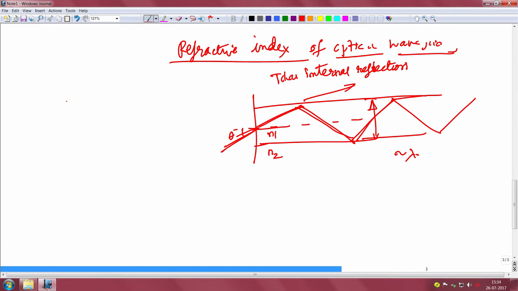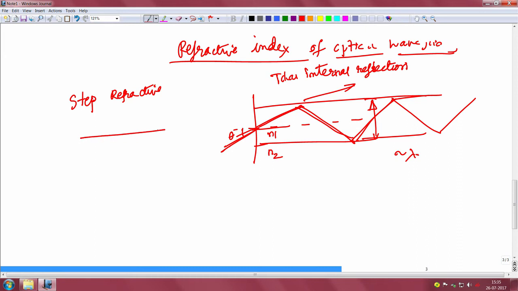Two important refractive index configurations that we can identify are called the step refractive index, which we have considered in the last two discussions, where the refractive index changes abruptly from one medium to the other medium.